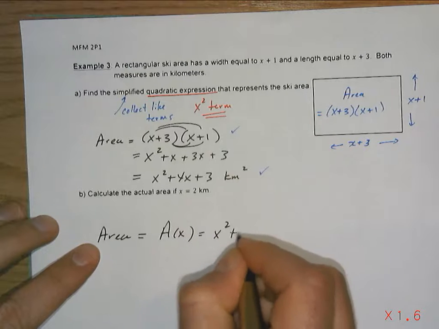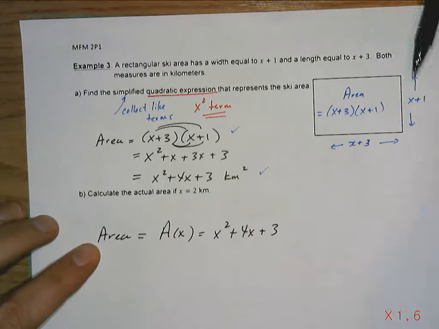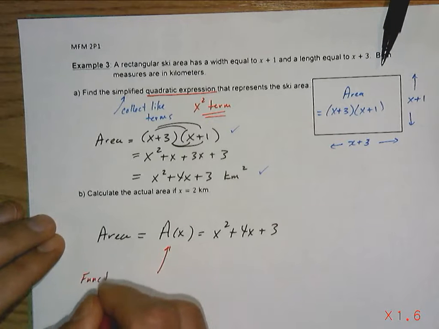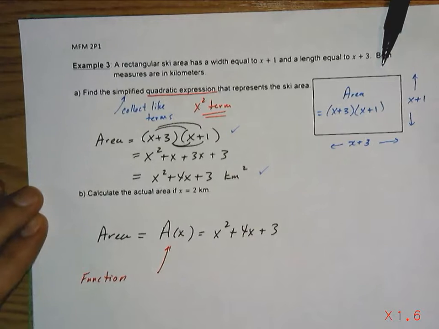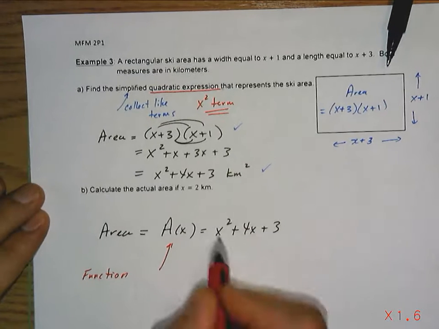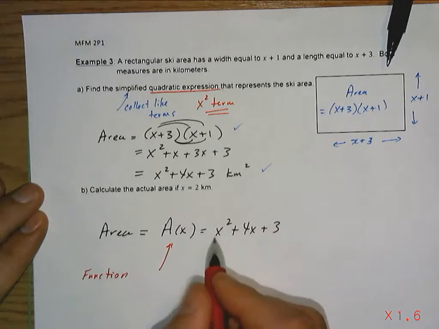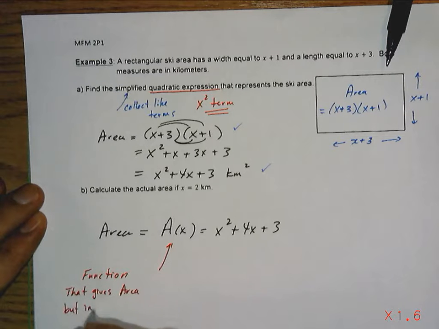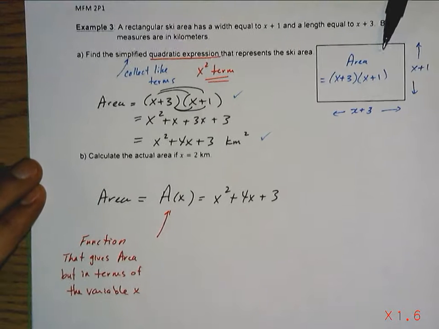And so what this says is that it's going to be a function, and that's a mathematical expression, okay? So a mathematical expression is a function. So it's going to be a function that gives area, but in terms of the variable x.